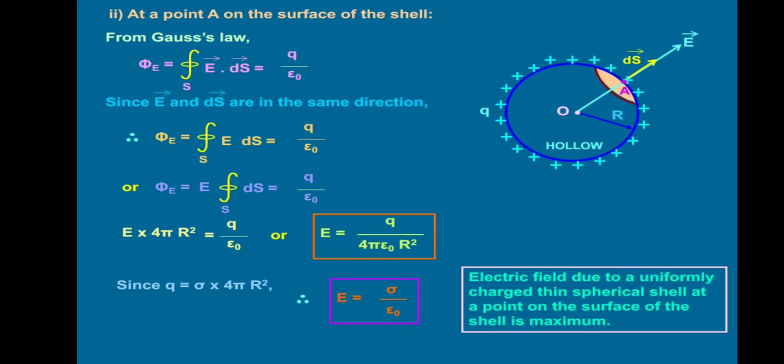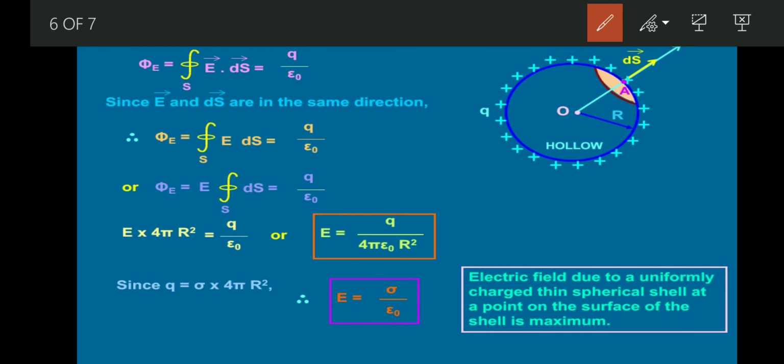Now let us consider the second case, that is when the point A is on the surface of the shell. That is, now we consider the observation point to be on the shell. Again applying Gauss's law, since the electric field is radially outward and ds is also radially outward, both are in the same direction, so it is simply E ds, which is equal to q upon epsilon naught.